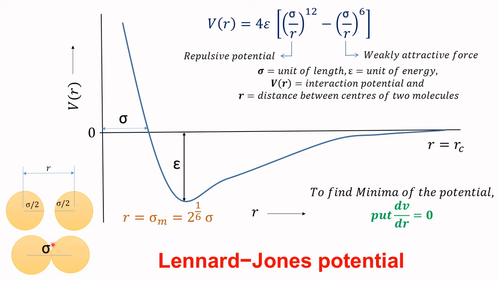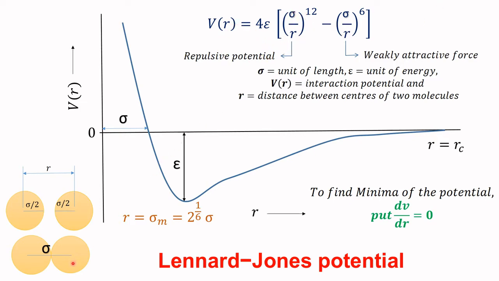When they overlap, the value of r is less than sigma, and you can see the sudden rise in the curve. This represents the repulsive potential, sigma by r raised to power 12.